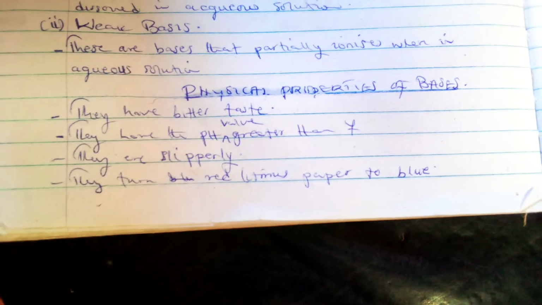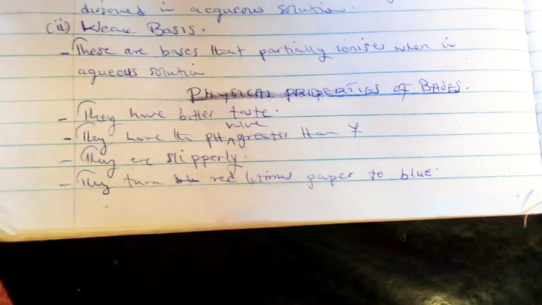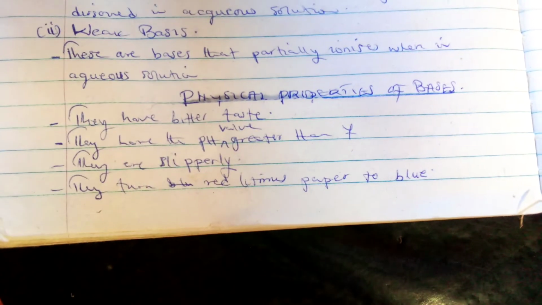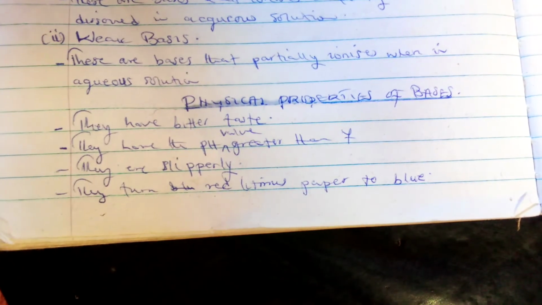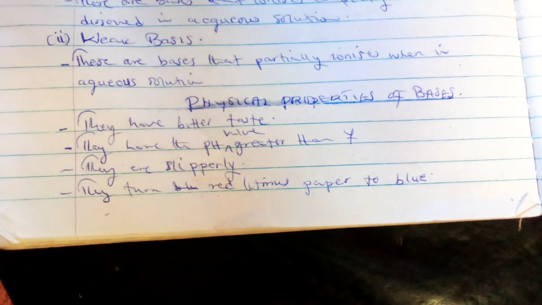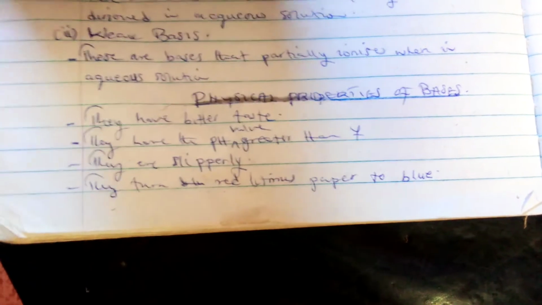Number four, they turn red litmus paper into blue. So these are the physical characteristics of bases. They have bitter taste, they have pH value greater than 7, they are slippery, they turn red litmus paper into blue.